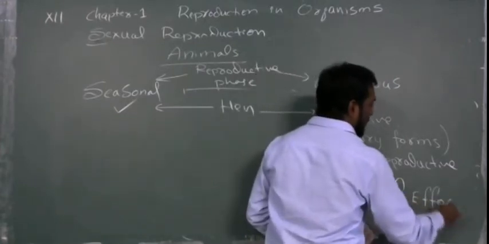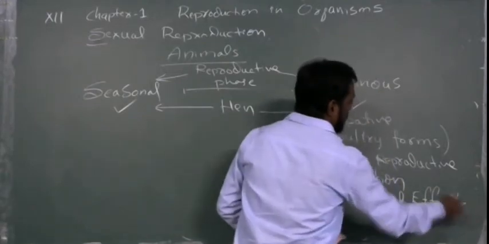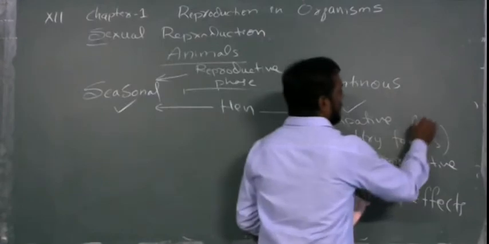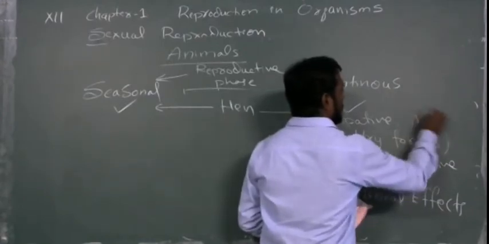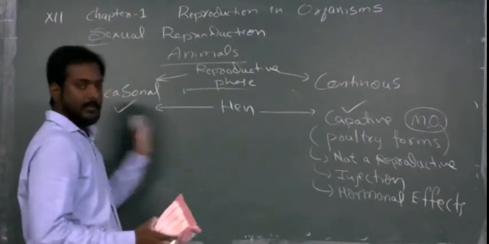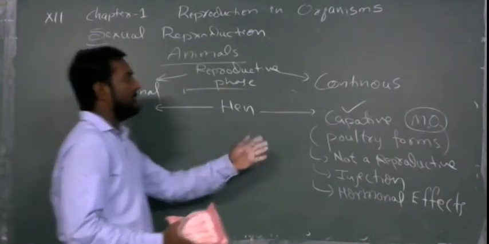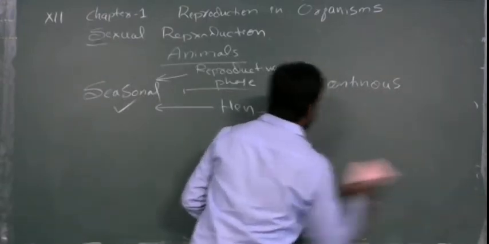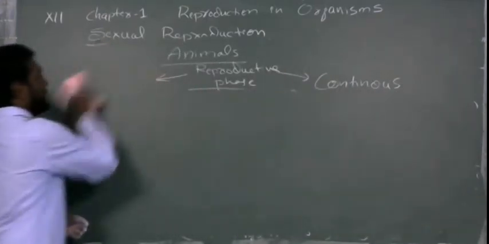The hormones are given as injections. Because of that they will give eggs, that is called multiple ovulation. This is the concept. So, you have to remember the hen can be seen in the seasonal as well as in the continuous. After this we will see the cyclical changes.